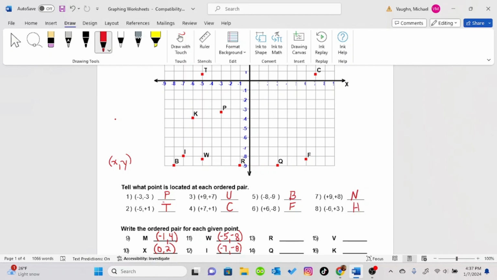Number 13 wants point R. We can see that is where x equals negative 1 and y equals negative 9.